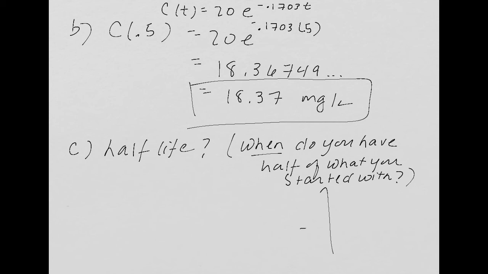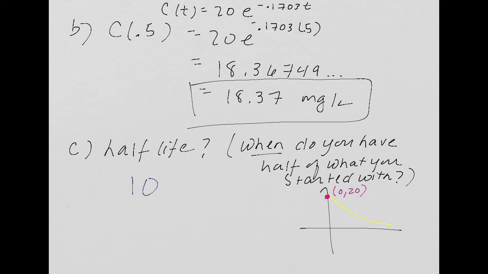And just to remind you, I will kind of do this fast, but we had this overall shape, and we were told in the problem prompt that you started with 20 milligrams per liter. And so half of that is the same as 10.